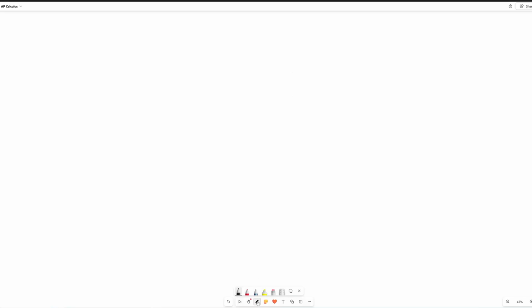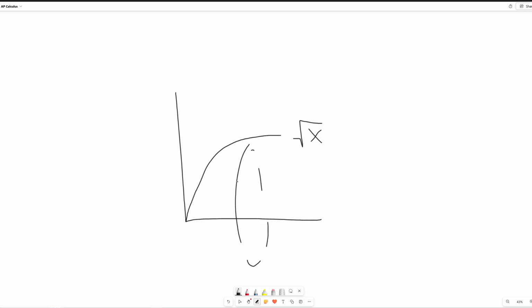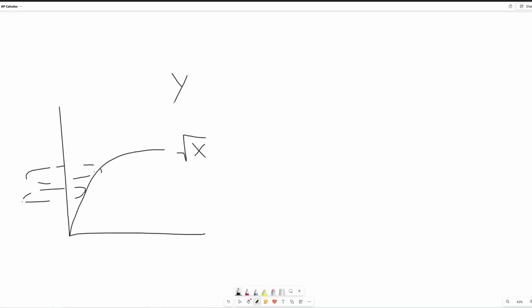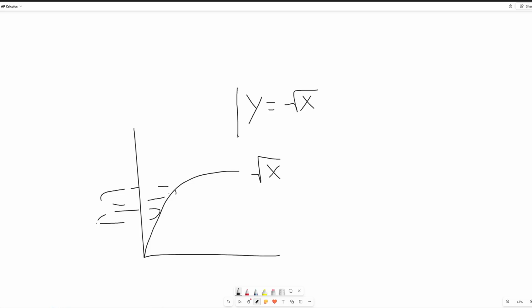So what happens if it's rotated about the y-axis? Well, let's say you have the function square root of x, but instead of rotating it this way, it actually wants you to rotate it this way. All you have to do is set up an x function in terms of y, instead of a y function in terms of x.